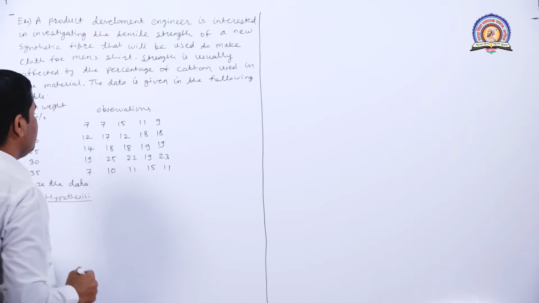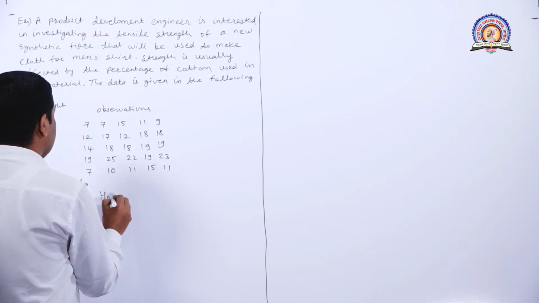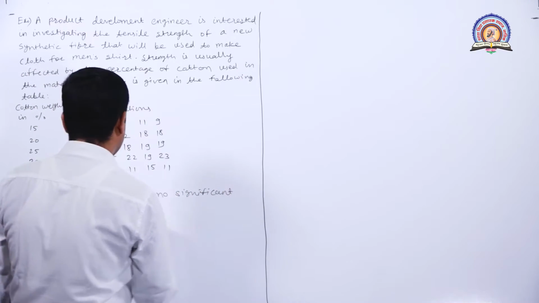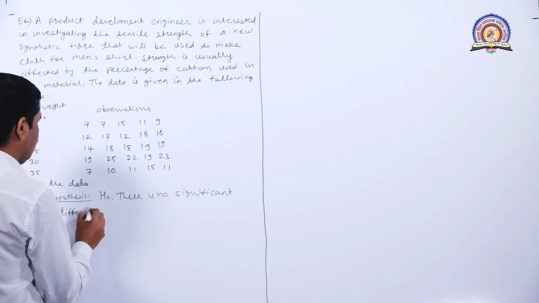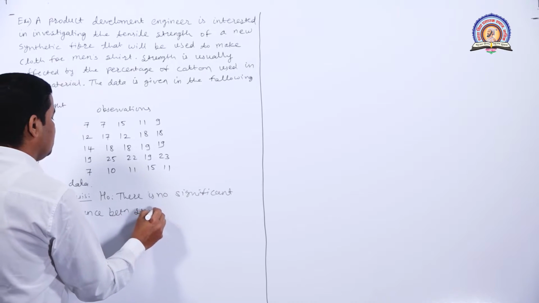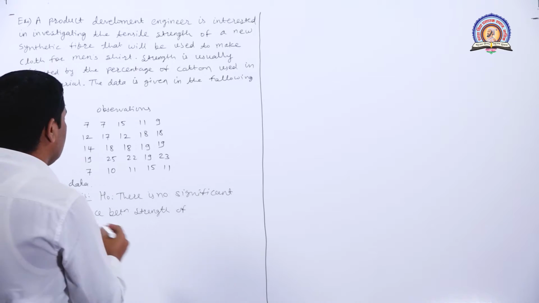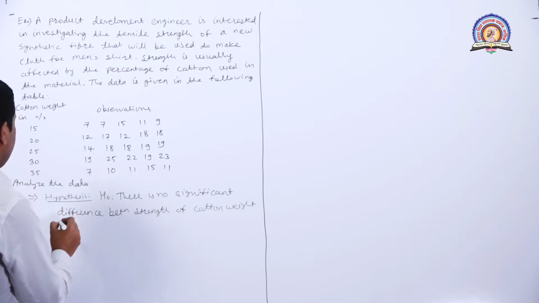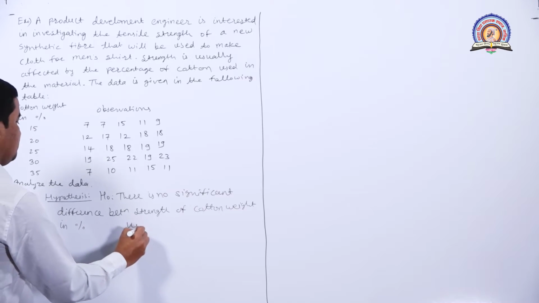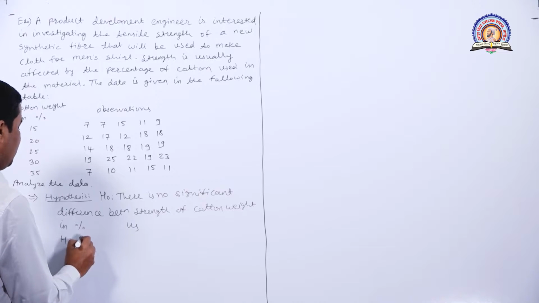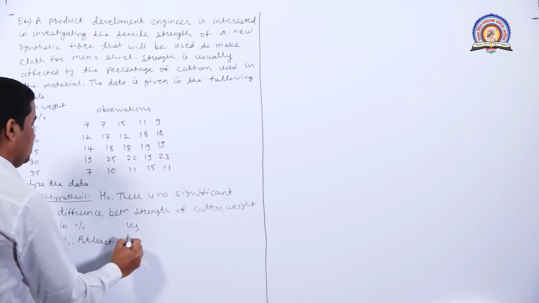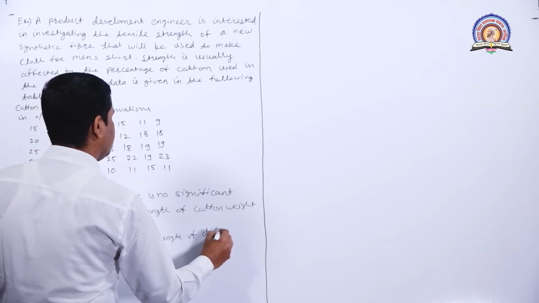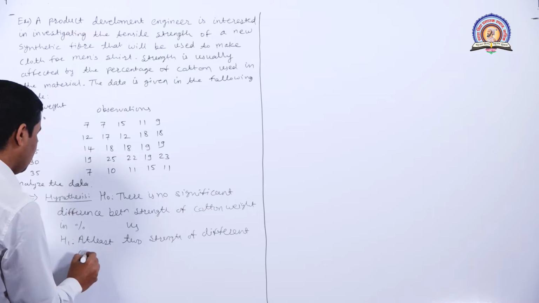You know that the hypothesis in one-way ANOVA is H0: there is no significant difference between strength of cotton weight in percentage, versus H1: at least 2 strengths of different cotton weights differ significantly.